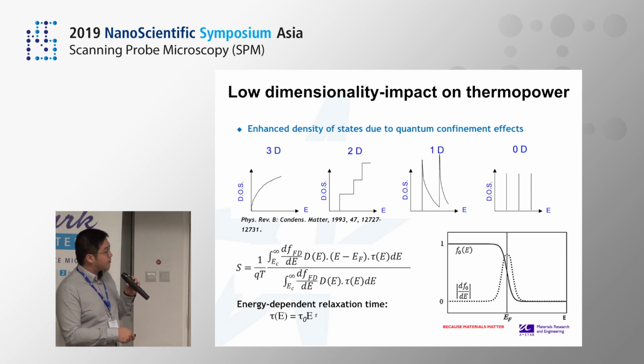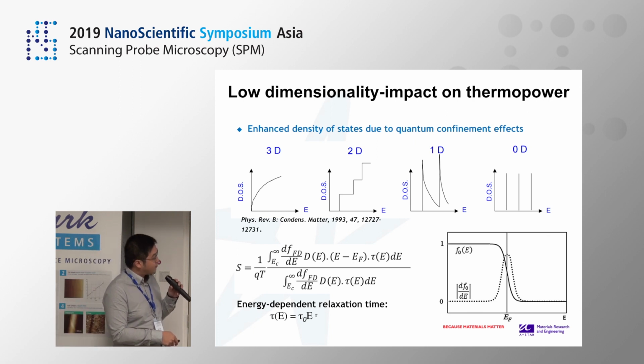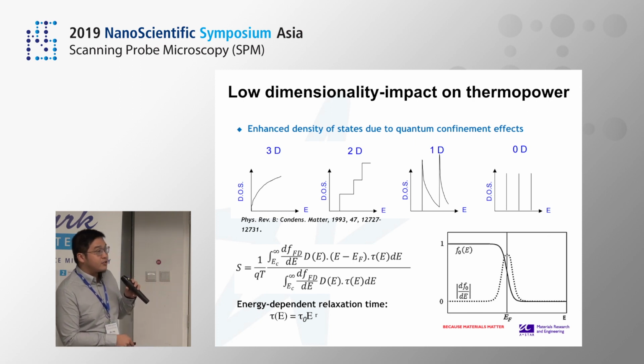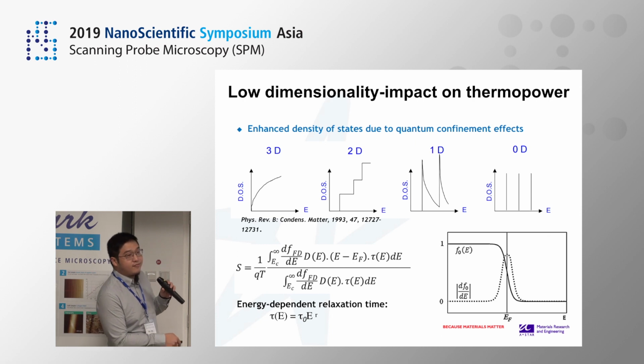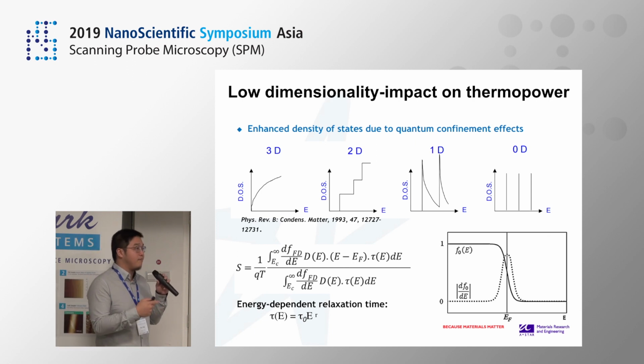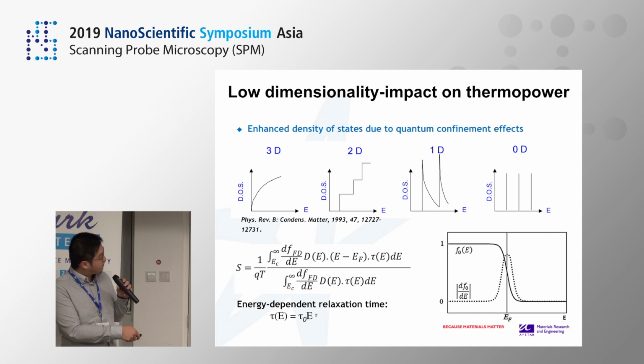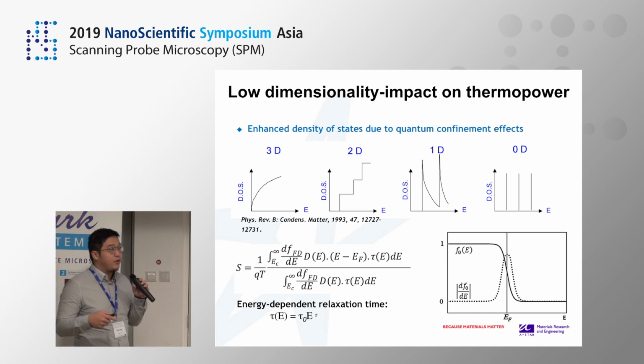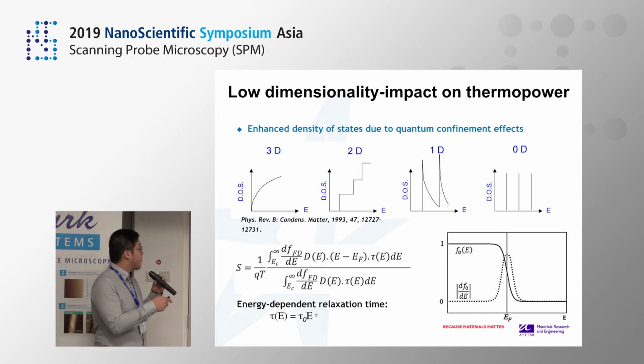When we look at the first derivative of the Fermi-Dirac distribution, we find that only the charge carriers near the Fermi surface contribute to the Seebeck coefficient. So when we have special defects which can strongly interact with these charge carriers at the Fermi level, it will have a huge impact on thermoelectric transport.